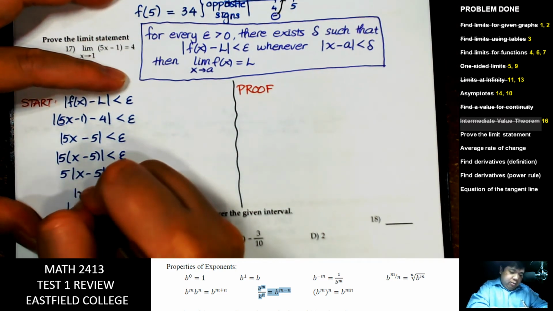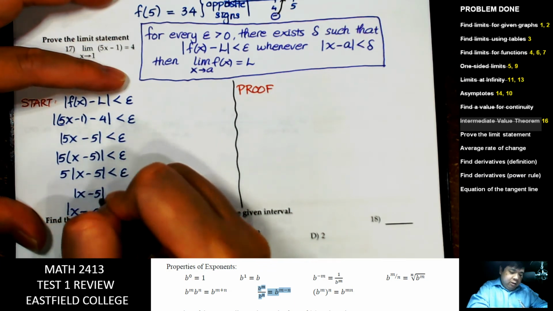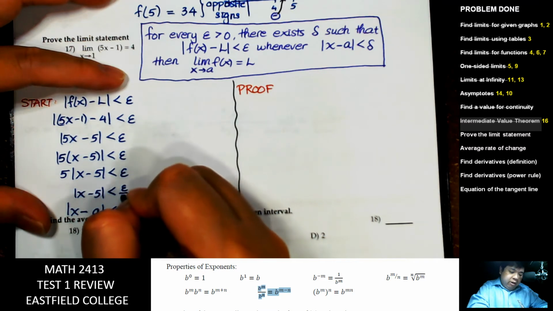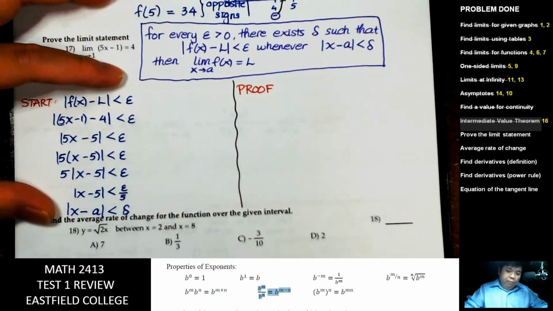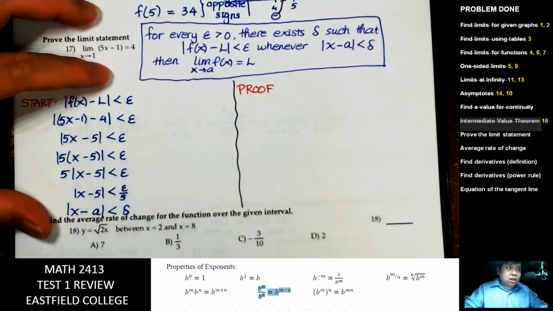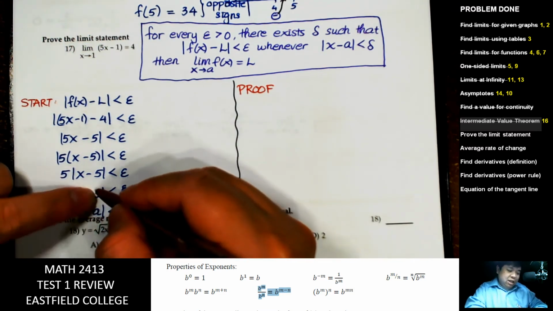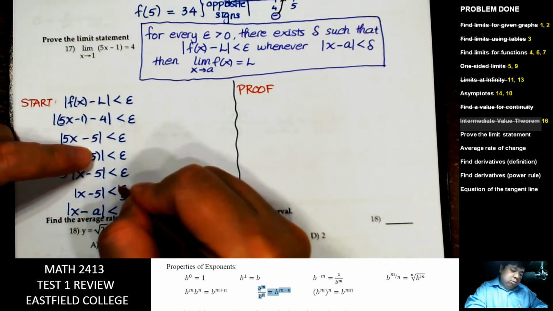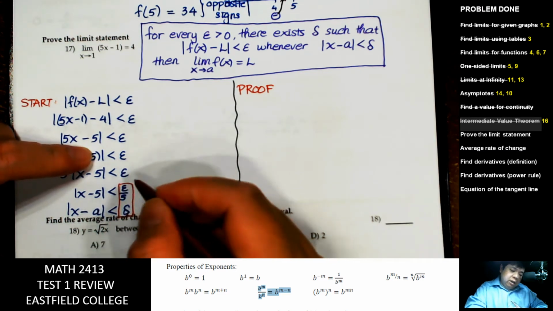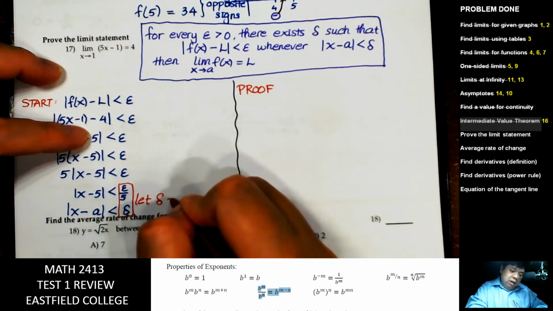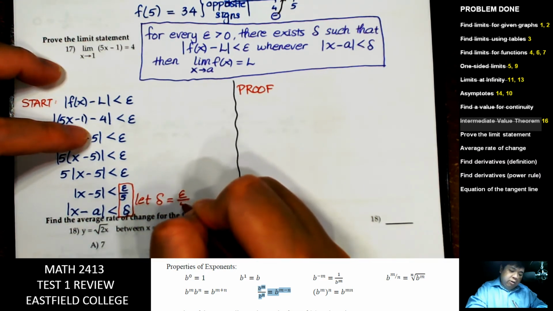We have |x - 1|... |x - 5| less than epsilon divided by 5. Now we see that these two are similar. From here we can say that a is equal to 5, but more importantly, choose, or we say let delta equal to epsilon divided by 5.